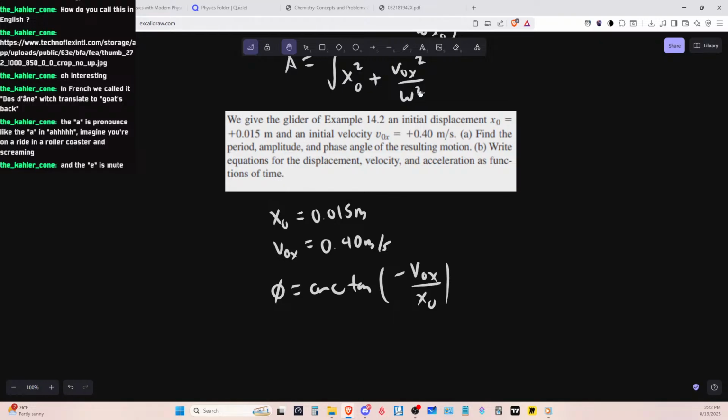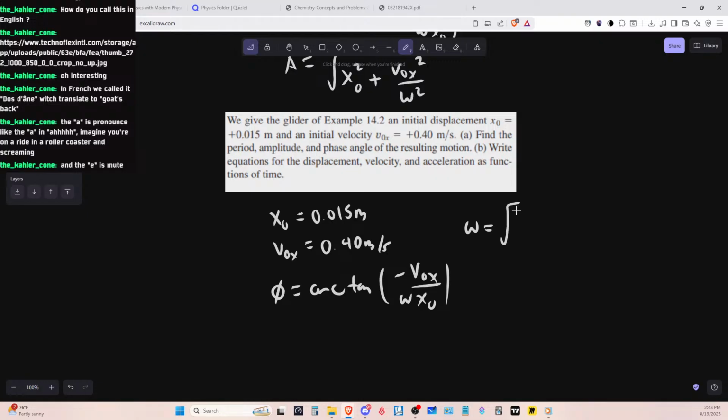Oh yeah, we need a. Oh wait, we don't have omega. We probably should look for omega. So what we know about omega is equal to, I think, k over m. We don't have any of those, but it's also related to this relationship and this relationship.